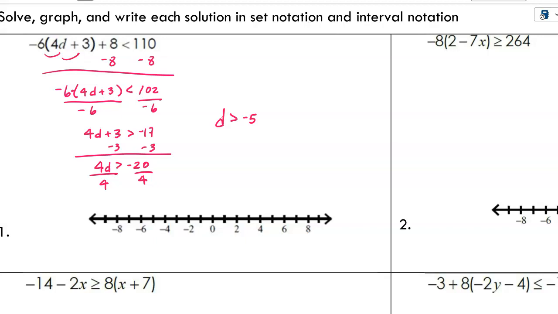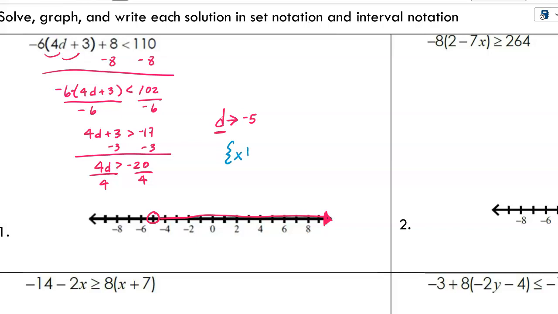Okay, and we can go ahead and plot that or graph it. If you guys get confused with the inequality sign, just remember, always put whatever the variable is first as the subject, and you can just draw an arrow. It tells you where to go. Let's put it in set builder notation. So that is going to be a different color.